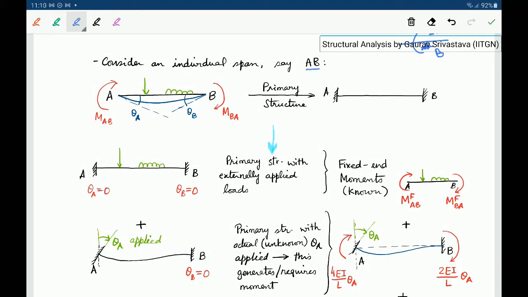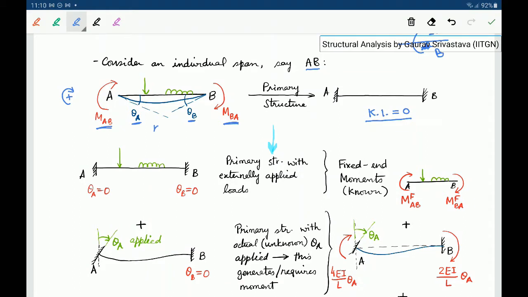For AB, we will have one end moment as MAB and one end moment as MBA. In this case, we have shown both of them in the clockwise direction because that is the positive sign convention we have chosen. Similarly, there can be a rotation at A, theta A, and a rotation at B, theta B. Now, the corresponding primary structure will be something which we make where the kinematic indeterminacy is 0.